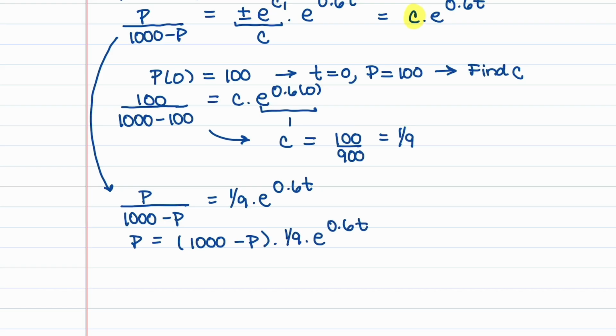There's a lot of algebra here. Let's get rid of this fraction, and let's go ahead and multiply both sides of our equation by 9. This gives us 9p is equal to 1,000 minus p times e to the 0.6t.